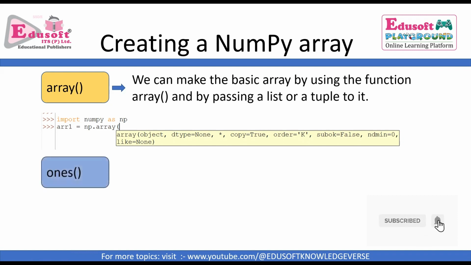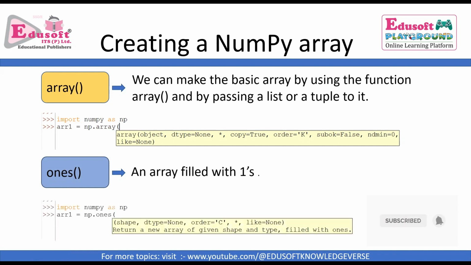The second function is the ones function. What if I want to create an array जिसमें सारे element क्या हो? 1 हो. How can I create this? We have to use the ones function. It will create an array filled with ones. Let's see the syntax. array1 equal to np.ones. Within ones, you can see the first argument as shape.